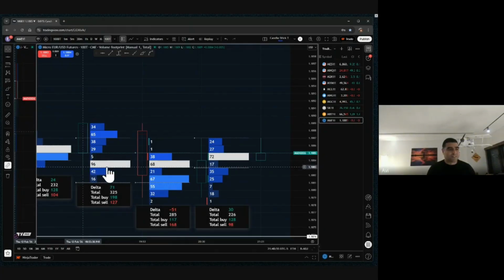Yeah, so exactly as you said. Firstly, don't expect that just because it's a green candle, all the volume happened near the top. That doesn't add up at all. Just look at where it actually happened. This 96 here is telling you that 96 transactions or volume happened here. So this is the lower part of the candle. And there were transactions, of course, at other parts of the candle.